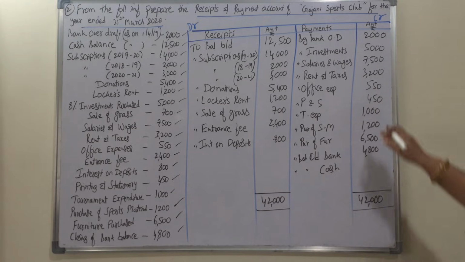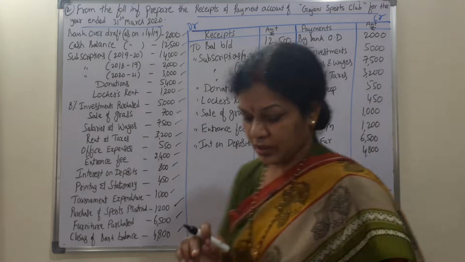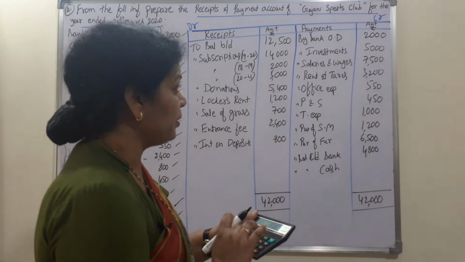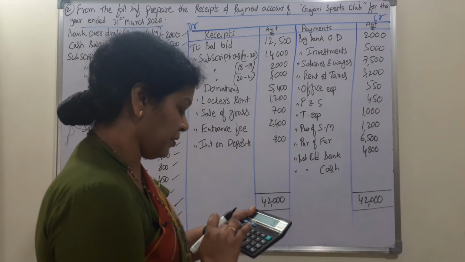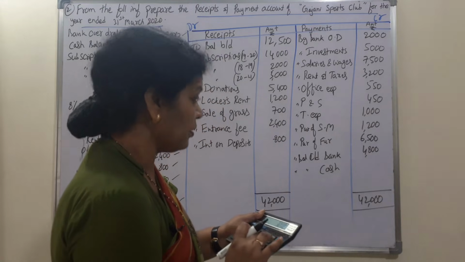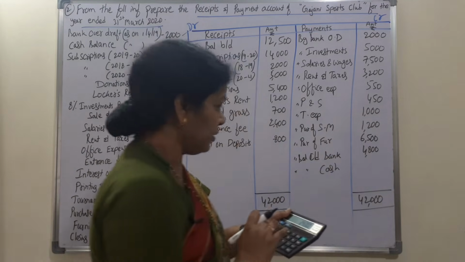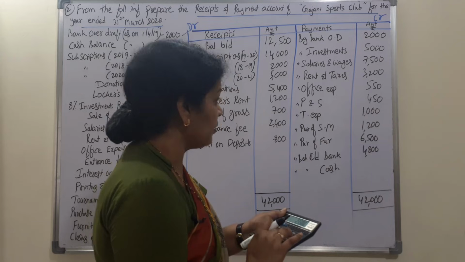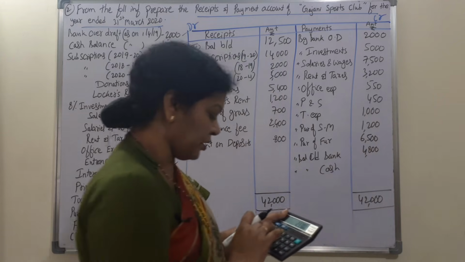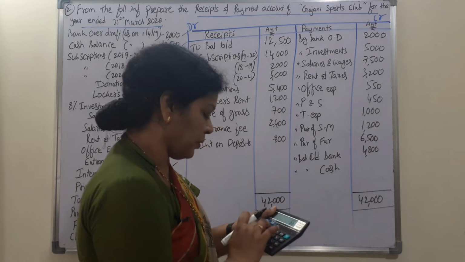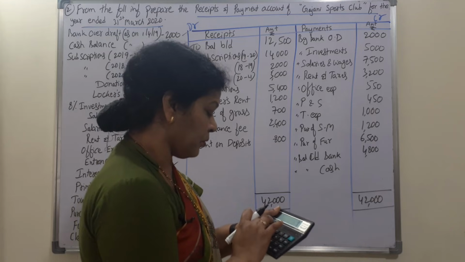So 42,000 minus all these, we'll calculate. Minus 7,000, minus 7,500, minus 3,200, minus 550, minus 450, minus 2,200, I'll take at a time, minus 6,500, minus 4,800.